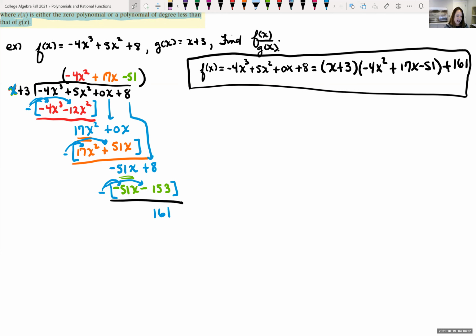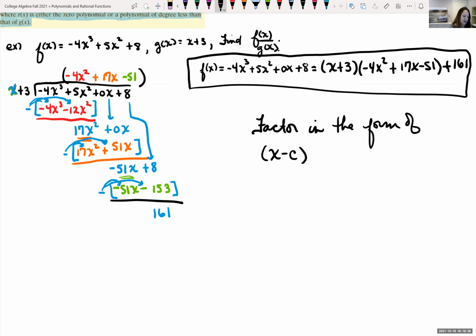If we have a factor in the form of x minus c, or actually, maybe I shouldn't say factor because we don't know if it's a factor. That's what we're trying to find.